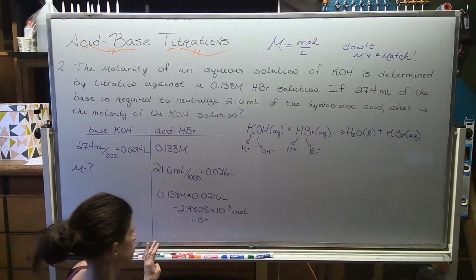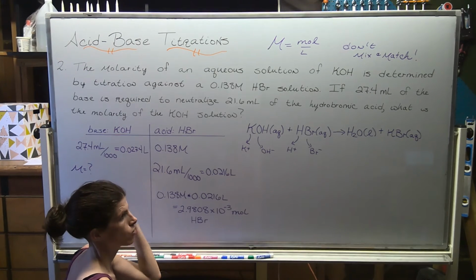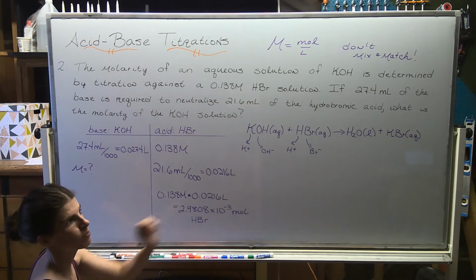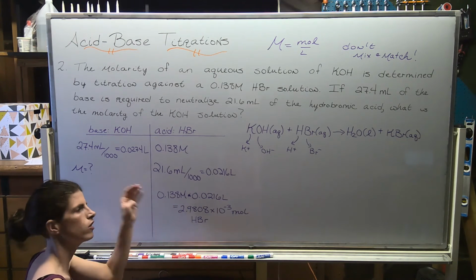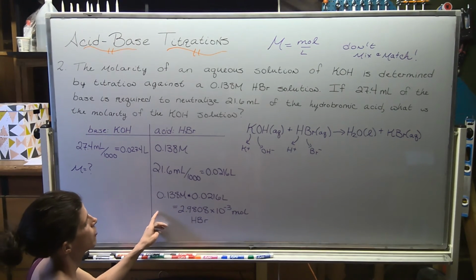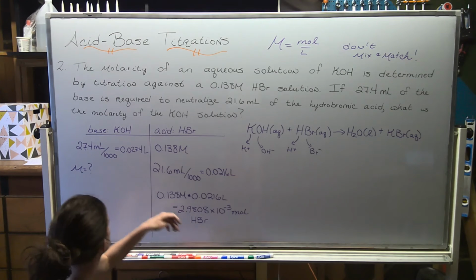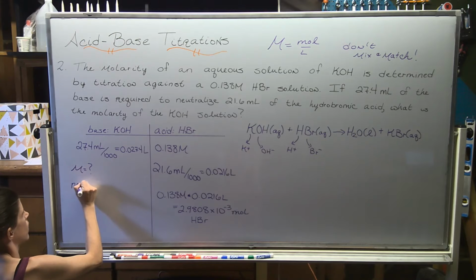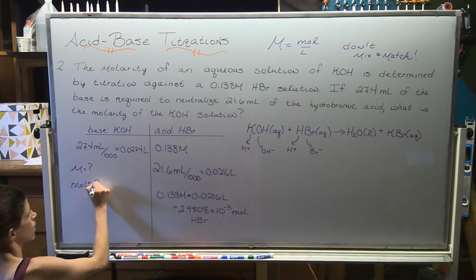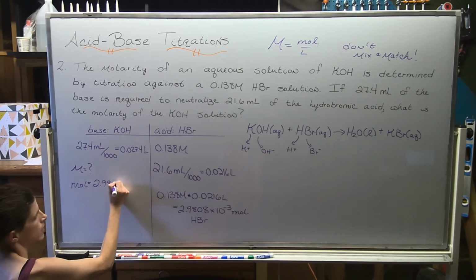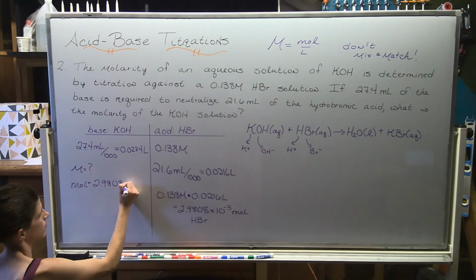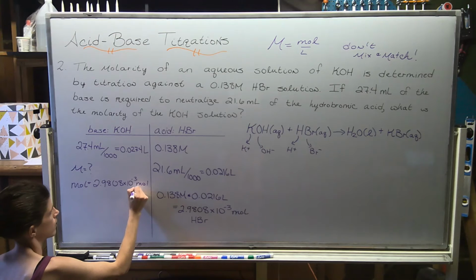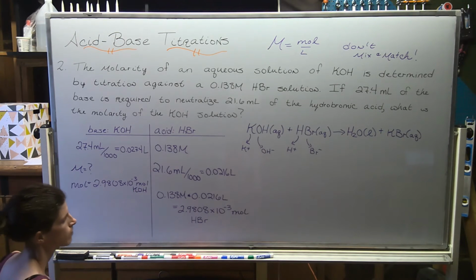So that tells me, and I'm going to set it up both ways so that you can start gaining speed, that since everybody's 1 to 1 in that equation, all the coefficients are 1, the moles of acid is equal to the moles of base. So over here, I know I'm going to have 2.9808 times 10 to the negative third moles of the potassium hydroxide.